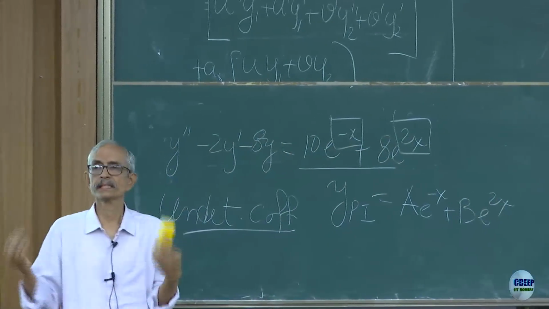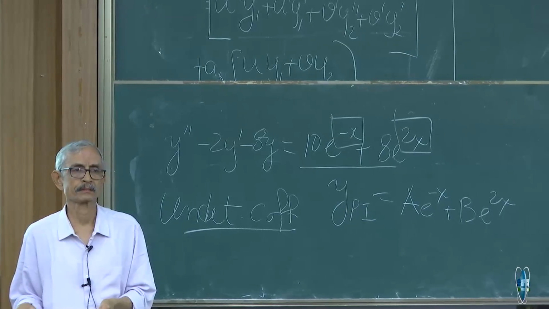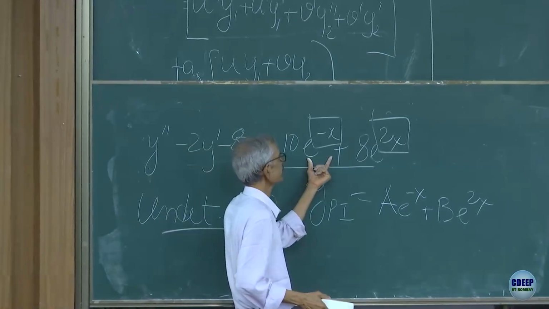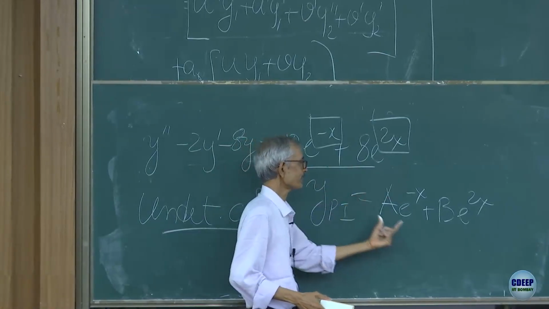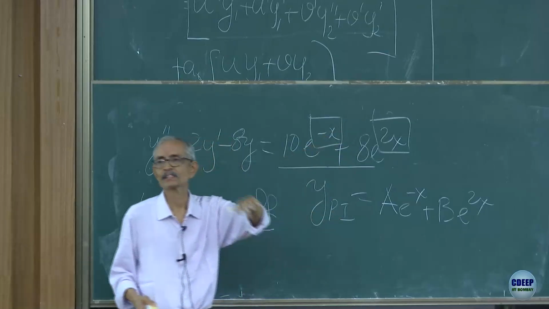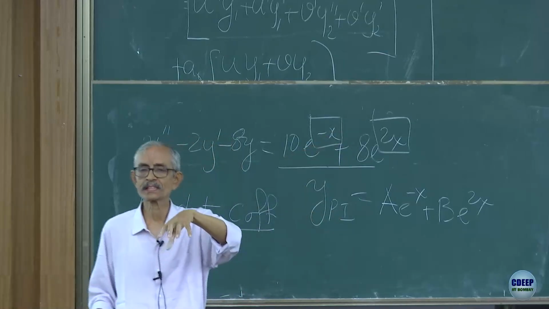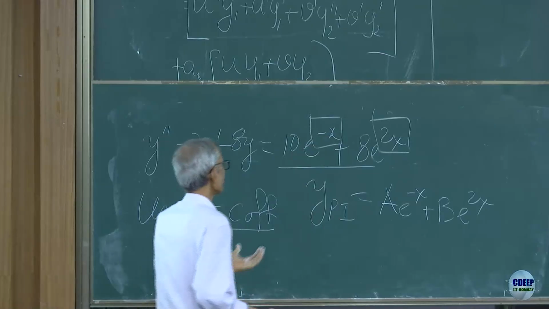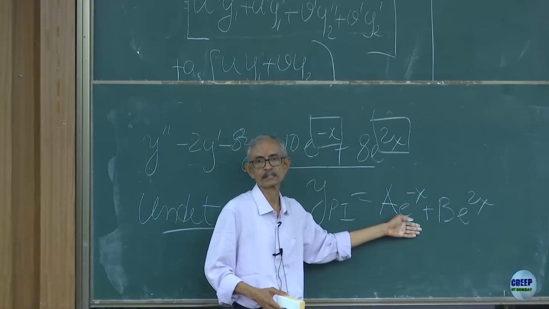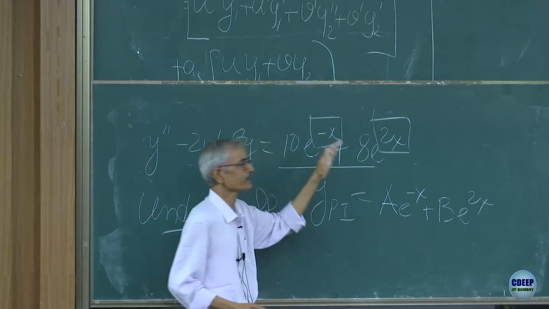So this is the guess that you start with. My right hand side is e to the minus x, e to the 2x, and therefore that is not part of the homogeneous solution, and therefore I guess my particular solution to be similar in form. And then I do the algebra.